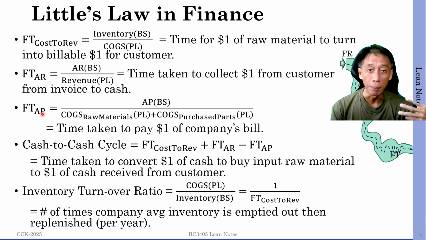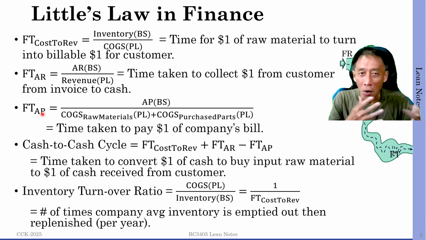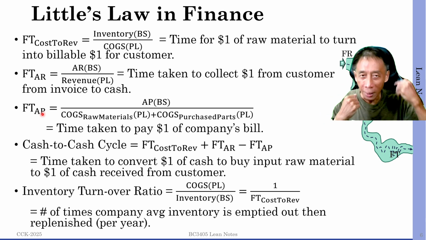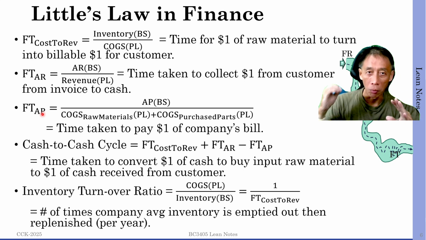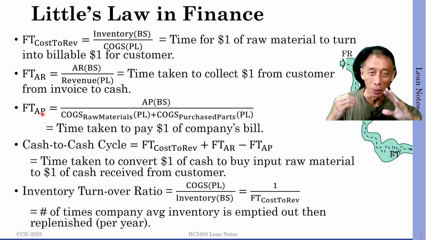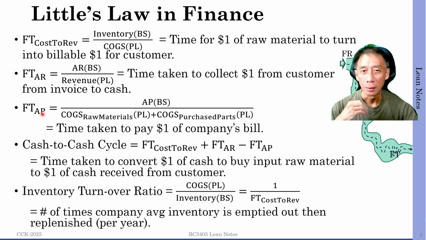So in some sense, suppliers are funding your operations. They are able to not take your money and let you take the raw materials. So that is a good thing, right? Because suppliers understand, and they are willing to fund you for that.